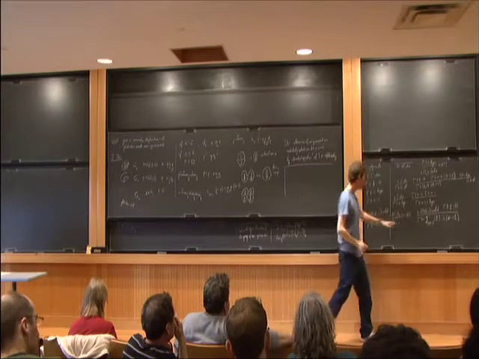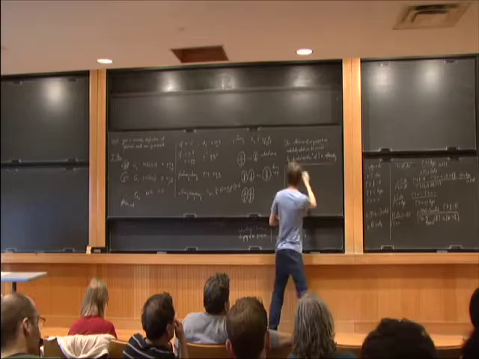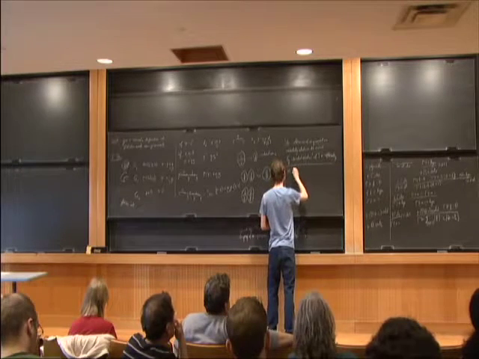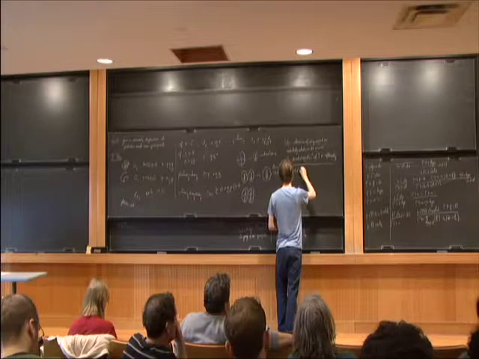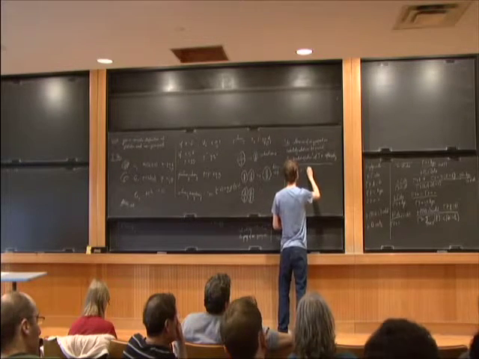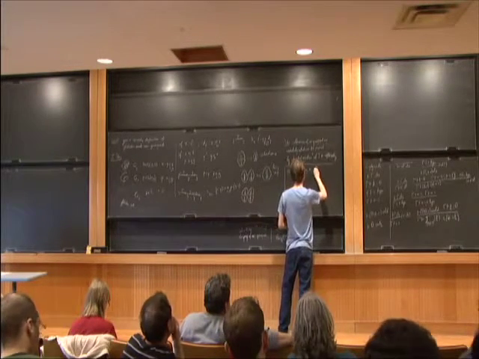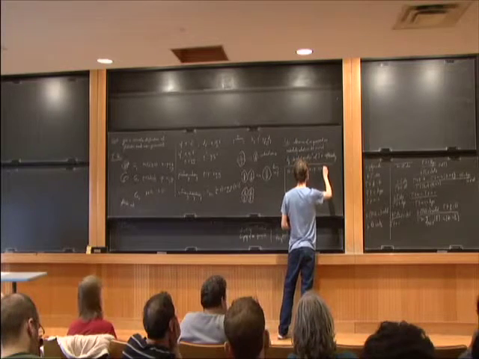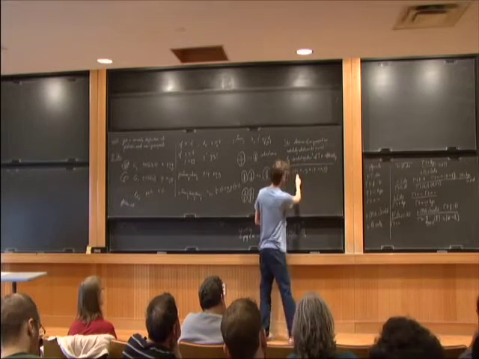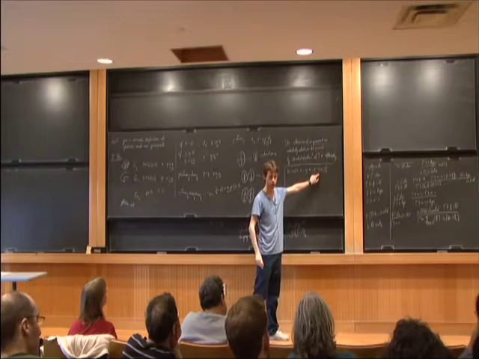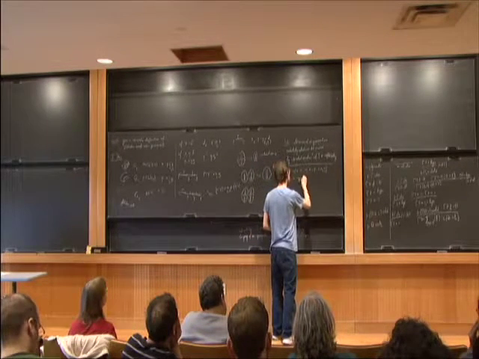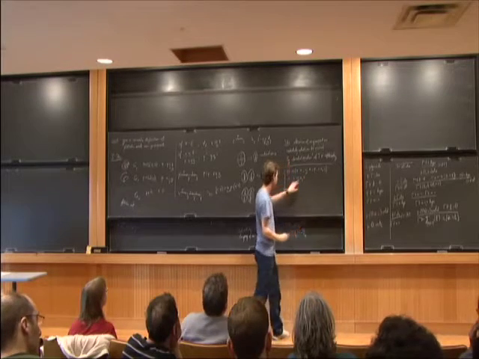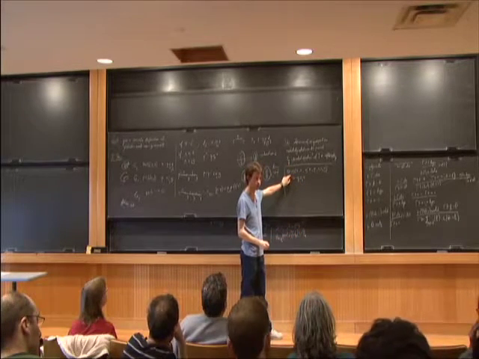I have not defined this yet, but I can already give an example. If you take the following context, you have two points and an equality between them, and you take the type y equals x, which is a valid type in theta.